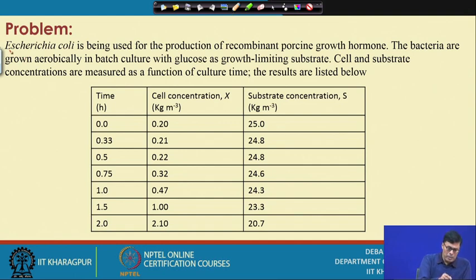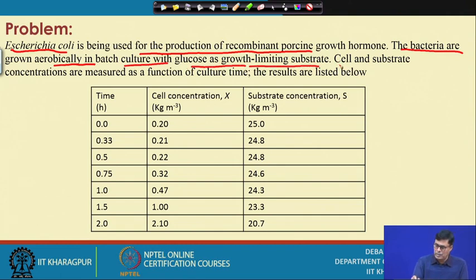You see that Escherichia coli is being used for the production of recombinant porcine growth hormone. The bacteria are grown aerobically in a batch culture with glucose as the growth limiting substrate, and cell and substrate concentrations are measured as a function of culture time and the results are listed.